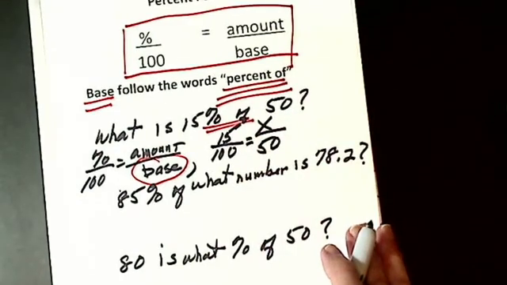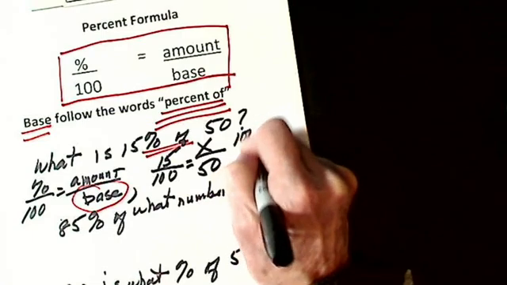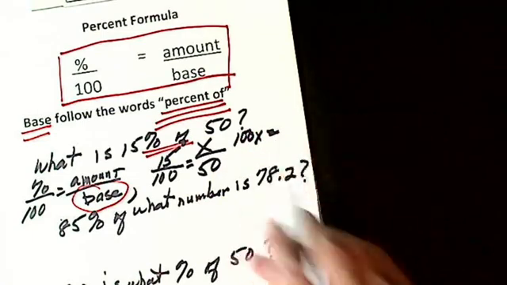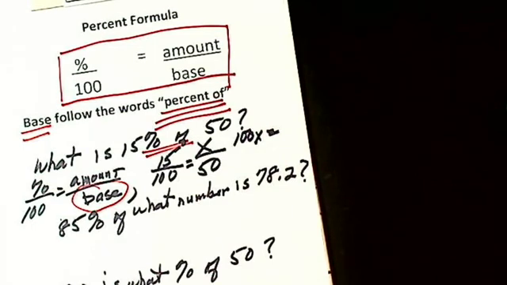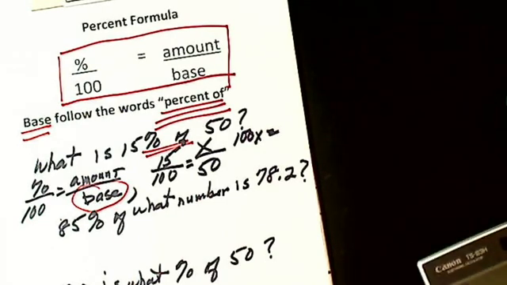That's my x. Cross products. I get 100x equals 15 times 50. So now you're allowed to use a calculator. So I got 15 times 50. I get 750.